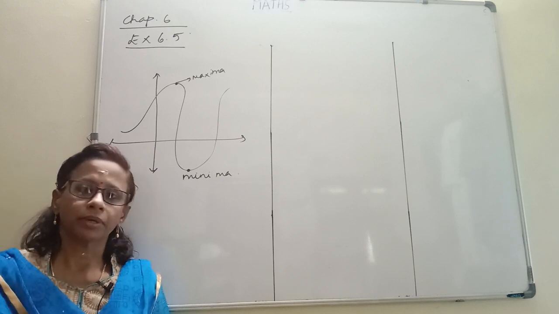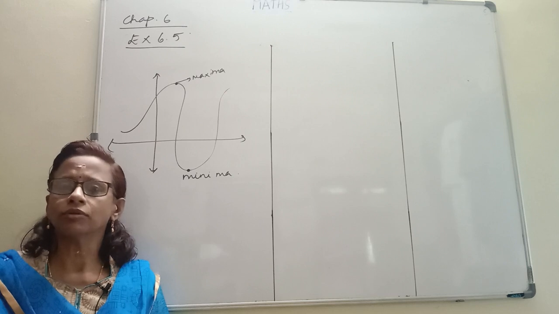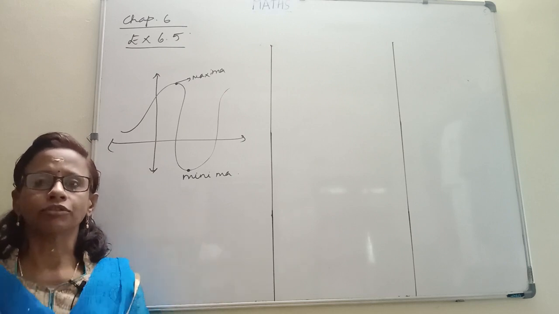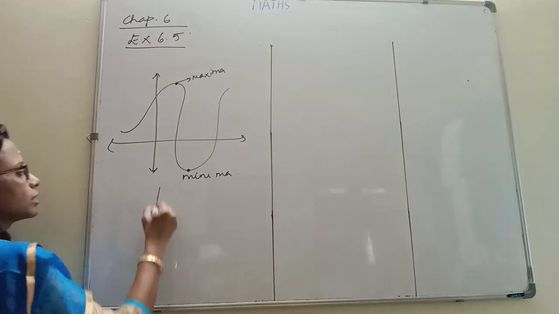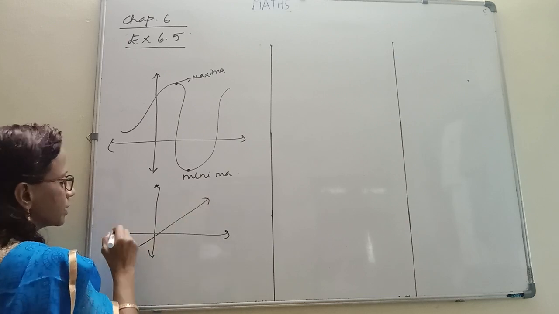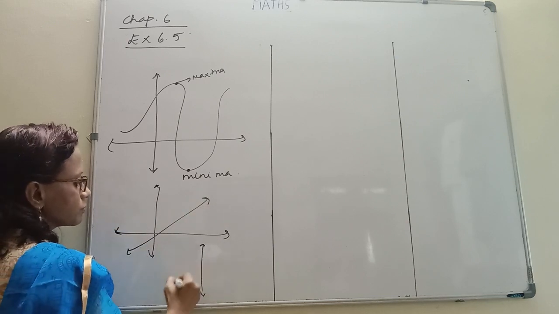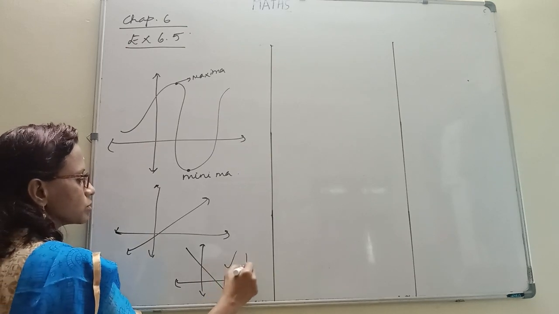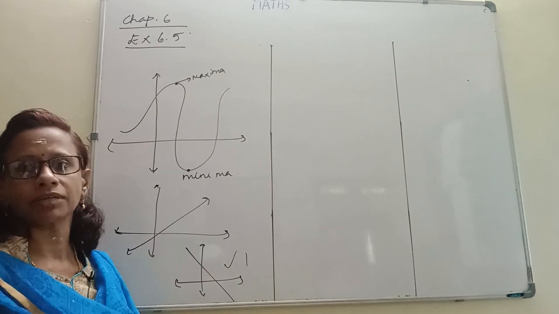As per the problem, we will check, because not everywhere will you have maxima and minima. Not every graph need be like this. You can have graphs which go like that, or like this, or graphs which go anyhow. There are a lot of examples given in the textbook.